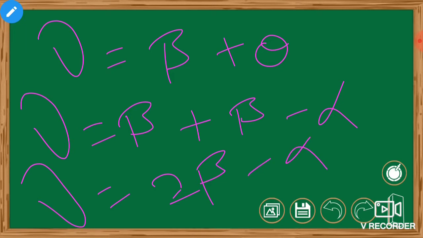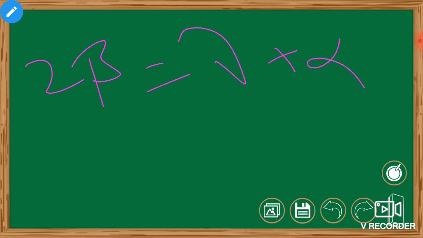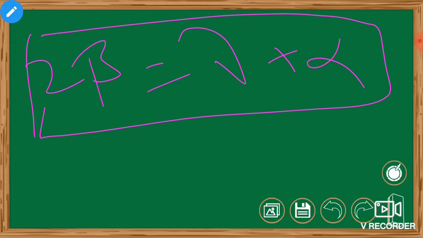So here this minus alpha is transferred to the LHS, and then we obtain 2 beta equals gamma plus alpha. So this is an important formula we should use later in our class. So I keep it.